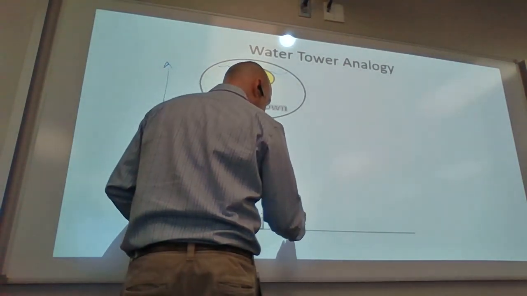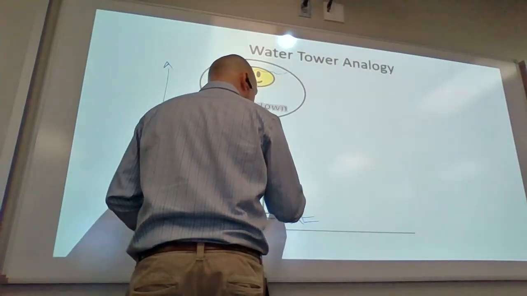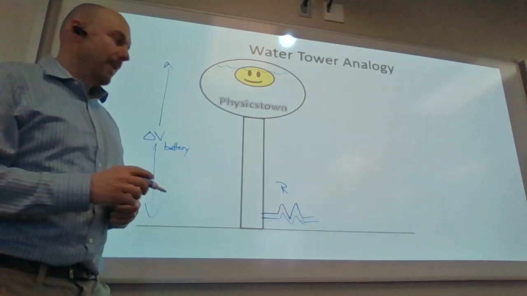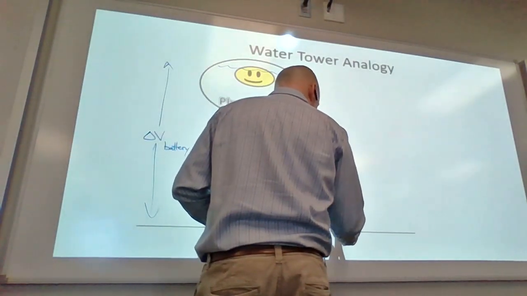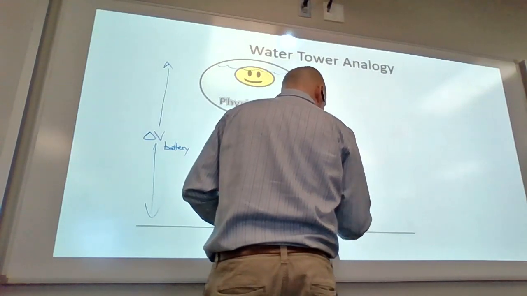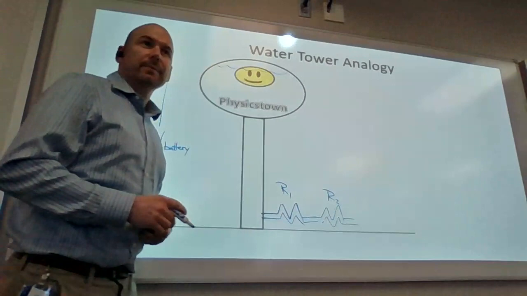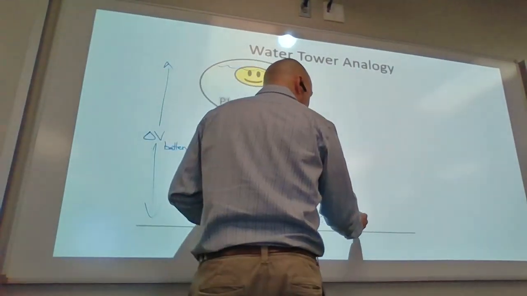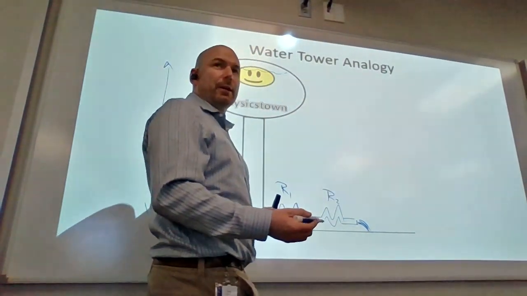But if we put kinks in our water hose, that's going to act like a resistor. Does that make sense? And if we add another kink to our hose, that's going to act like another resistor in series. Okay? And how much water is coming out per second, that's going to be the current.